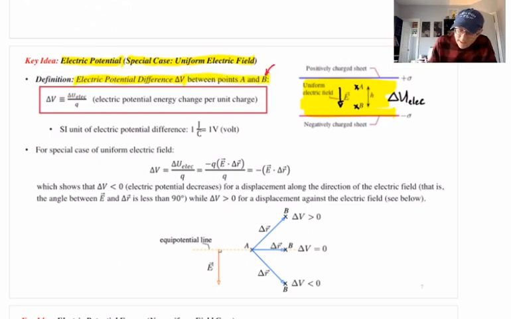And this electric potential difference delta V is due to, what's the cause of it? That uniform electric field E between the sheets.